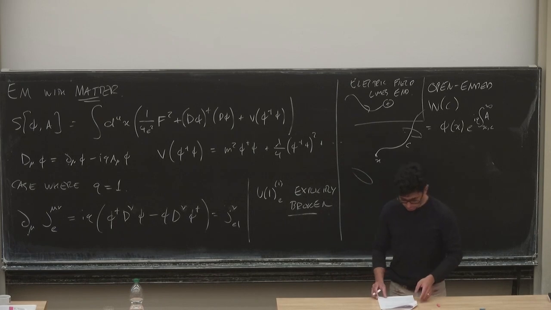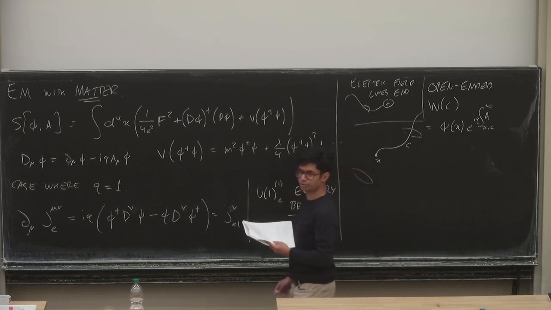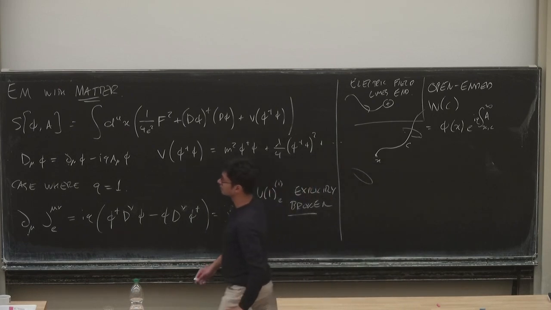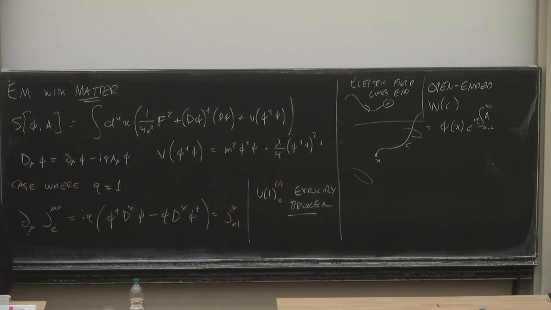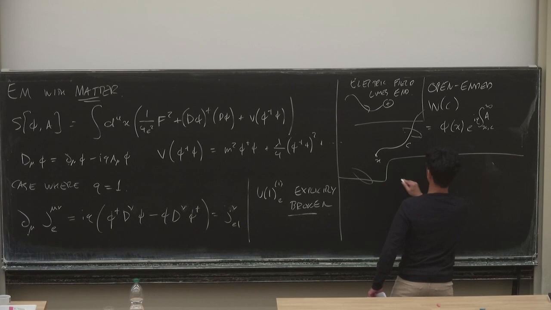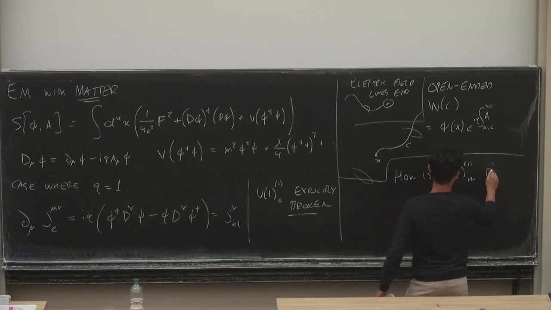Okay, good. So we have lost the electric one-form symmetry, but we still have the magnetic one. The magnetic one is still there. The divergence of this is still 0. So now our question is, how is this symmetry realized? How is the unbroken, or not explicitly broken, magnetic symmetry realized?